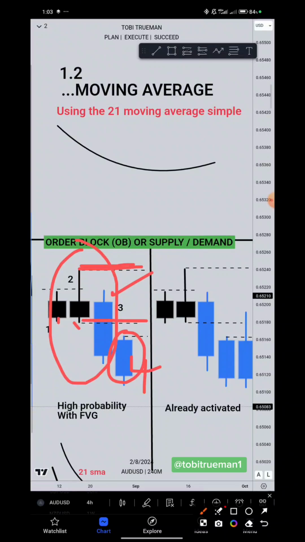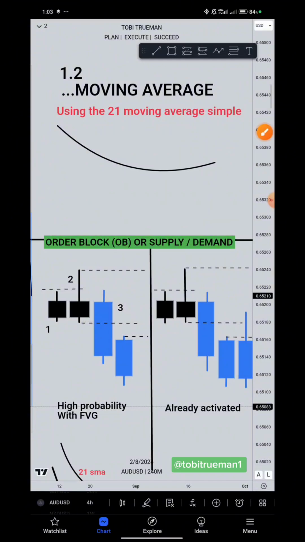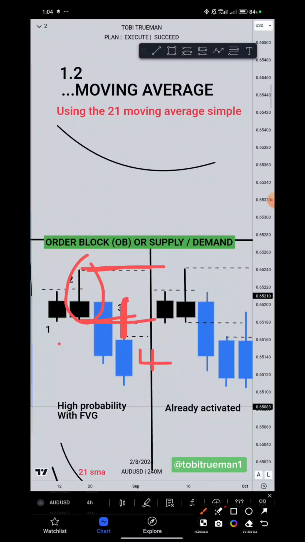You can just enter this trade accordingly. That is our signal. But our signal is already activated when, by the time you come to meet it, the number 4 candlestick has already extended its wick or body into the range of this number 2 candlestick, and by this the signal is already activated.